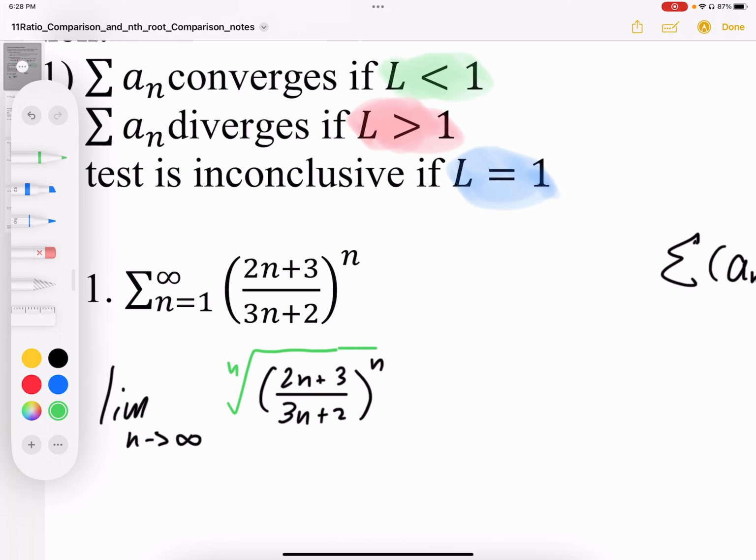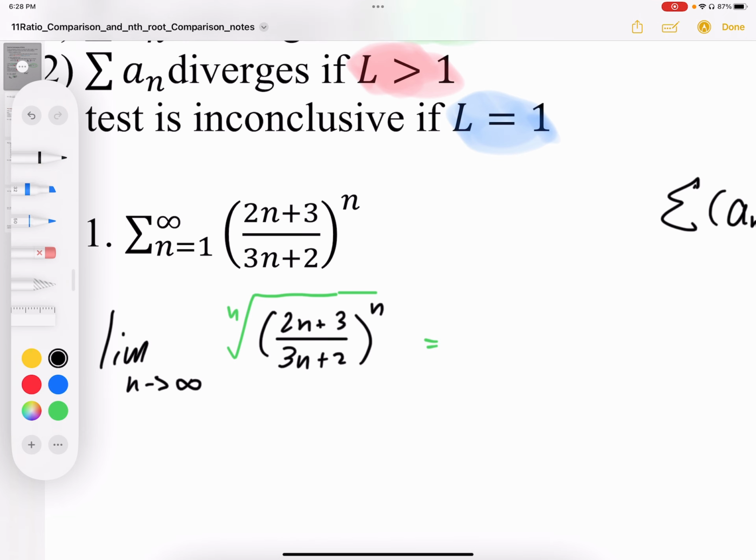Maybe I'll put an extra step in here: the limit as n approaches infinity, the n's will cancel out, so we just end up with 2n plus 3 over 3n plus 2. As n goes to infinity, the plus 3 and the plus 2 become insignificant. The ratios of the highest power n's are compared, so we cancel those out, and we know that this is going to be equal to 2 over 3.